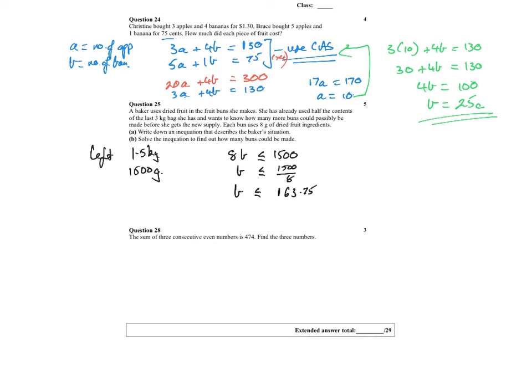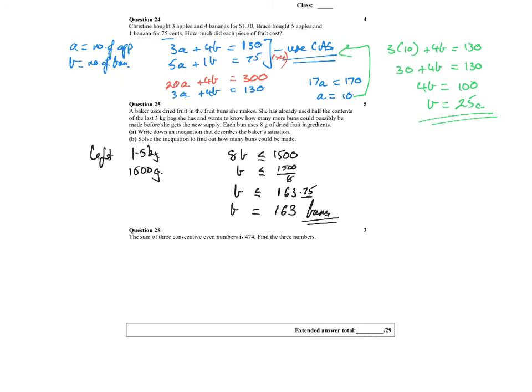Don't quote me, boys. 8 6 is 48, 8 3 is 24. That looks pretty close. So how many buns could be made? Well, even though that should round to 164, we don't have enough ingredients. So the number of buns will be equal to 163 buns.